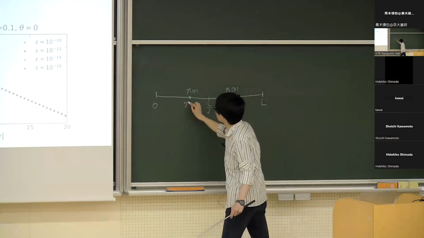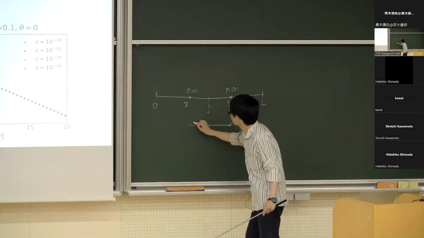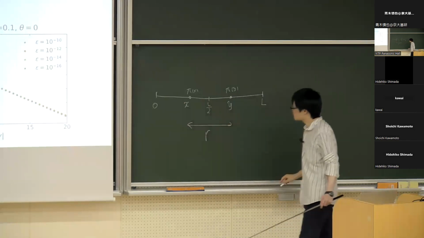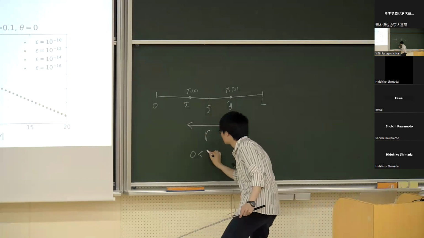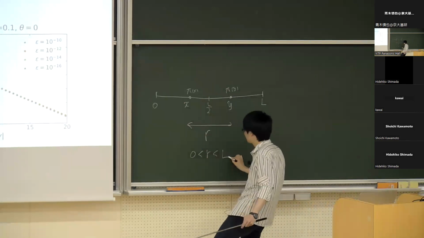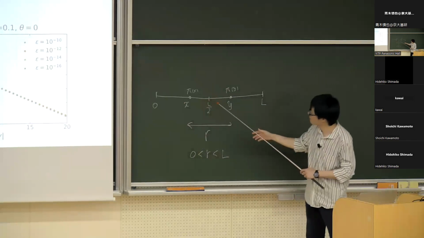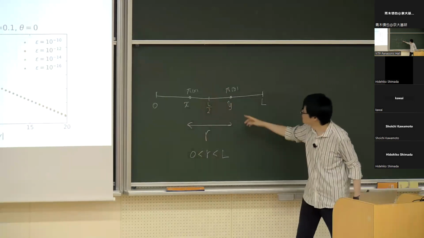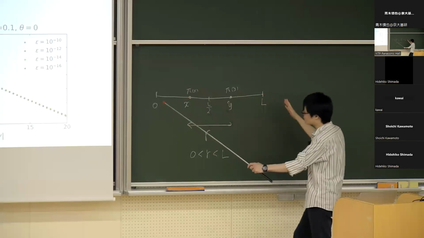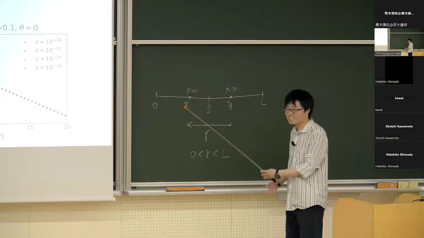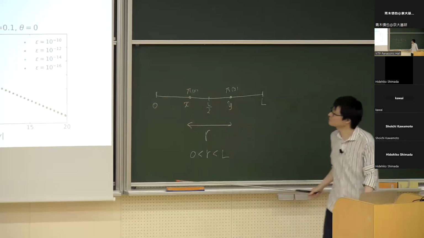So here is x and y, and this distance corresponds to r. The r can be 0 to L. So 0 means just the local two-point function, and in the L case it covers the whole lattice. But of course, in that case, it's affected by boundary effect.